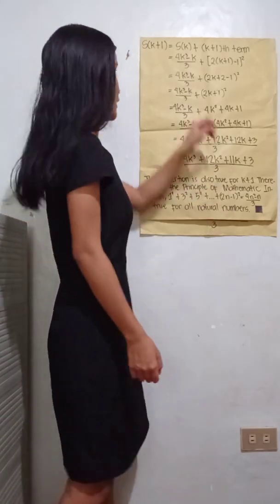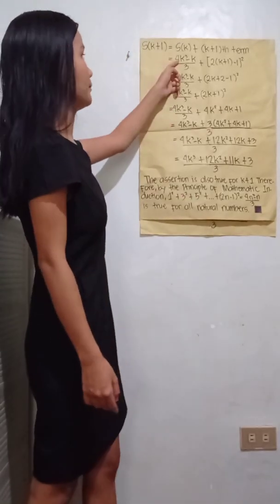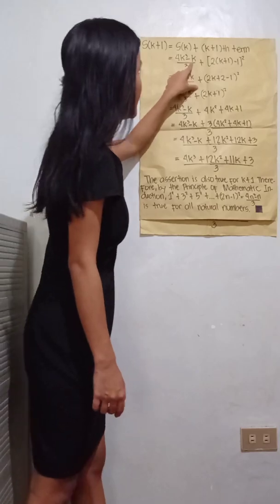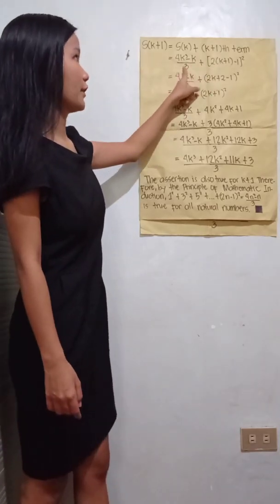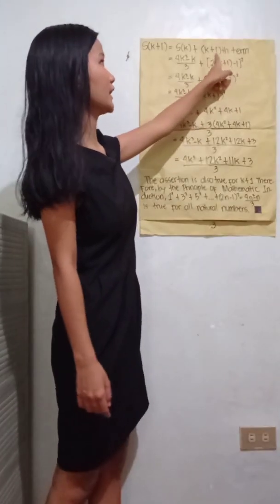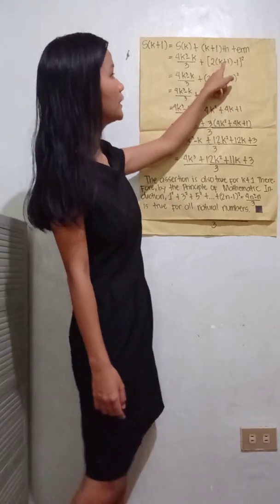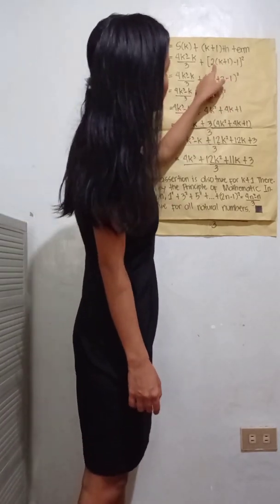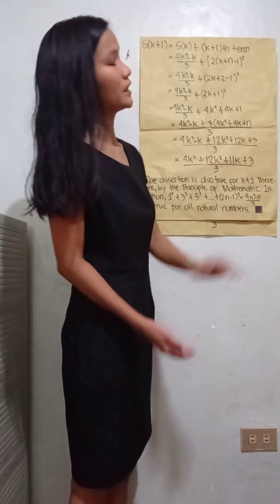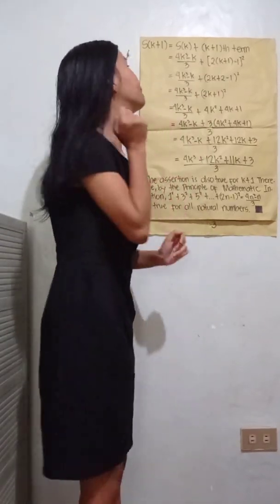By using this method, we have the sum of k, which is (4k cubed minus k) all over 3, plus the square of the k plus 1 term, which is the square of 2 times (k plus 1) minus 1.